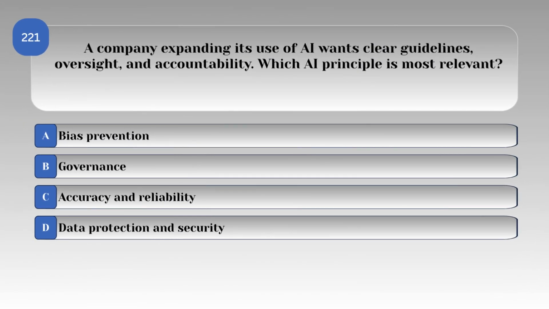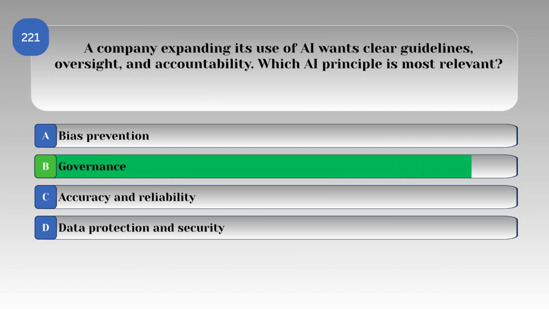A company expanding its use of AI wants clear guidelines, oversight, and accountability. Which AI principle is most relevant? Correct answer, governance.